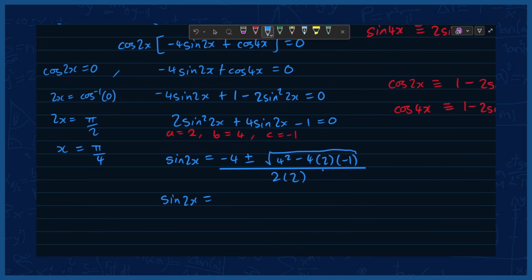That is negative 4 negative root 4 squared minus 4 times a times c, divided by 2 times 2, which is negative 2 negative root 6 over 2. That's one of the solutions. And the other solution, the positive one, is negative 2 plus root 6 over 2.